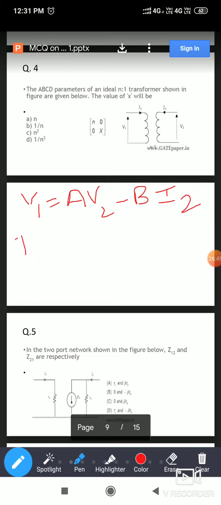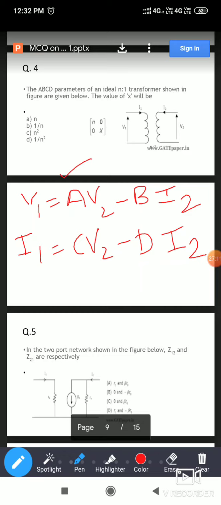Next, I1 is equal to C into V2 minus D into I2. Okay, so these will be the equations here. V1 and I1 are the dependent variables. V2 and I2 are the independent variables.